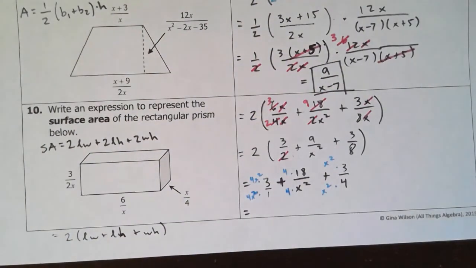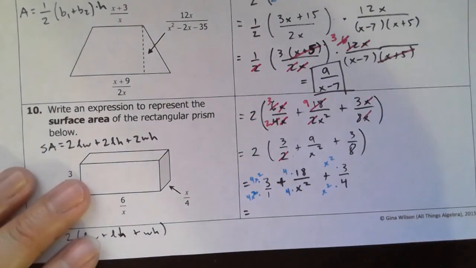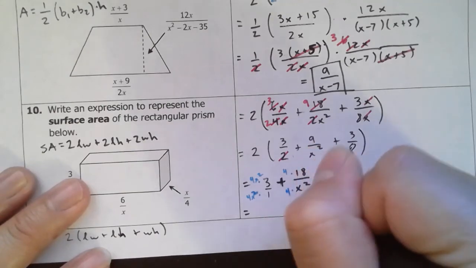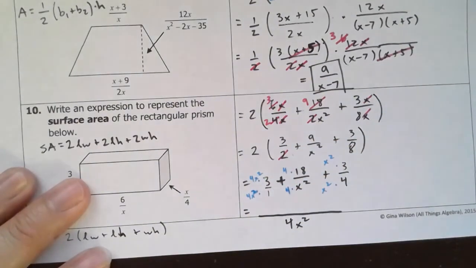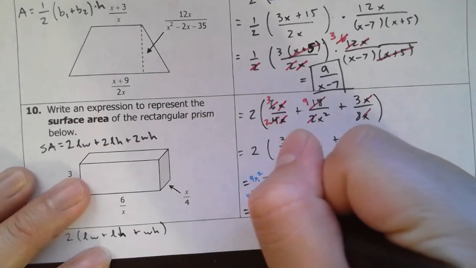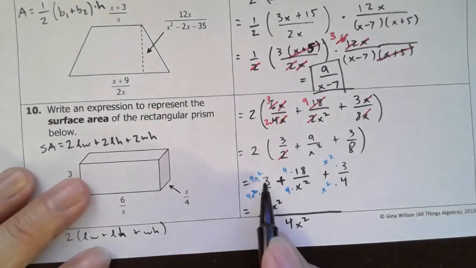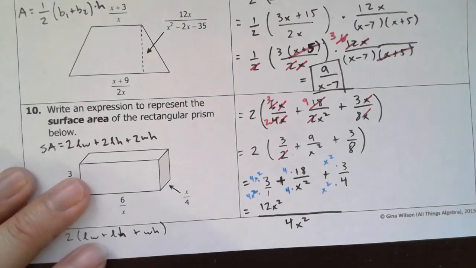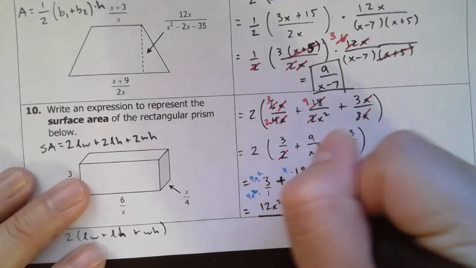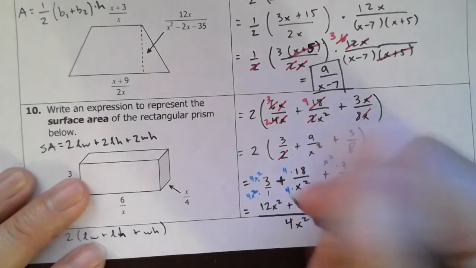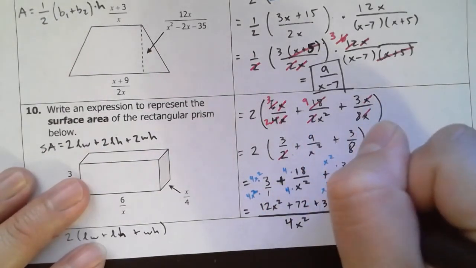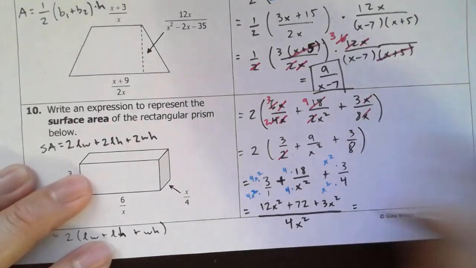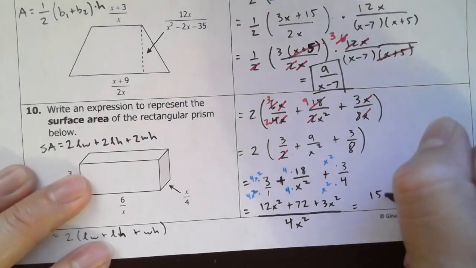So everything is going to be over 4x squared now. I know that for sure. This first one is 12x squared, right? 3 times 4x squared. This one becomes plus 4 times 18. You're going to get 72. And then this one becomes 3x squared. So I do have like terms there. It becomes 15x squared plus 72 over 4x squared.